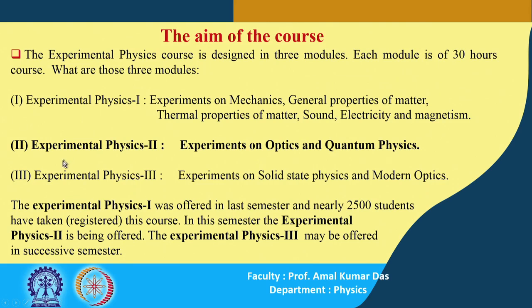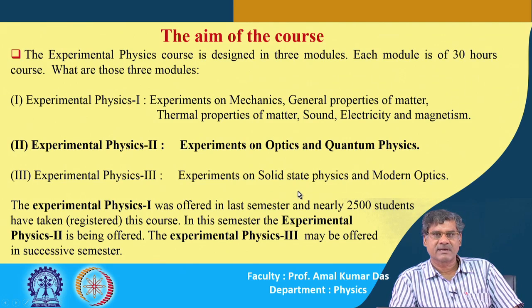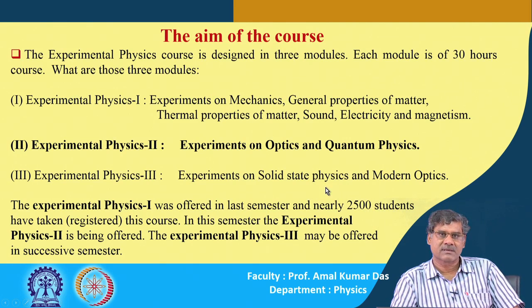In module 2, experimental physics 2, we will discuss experiments on optics and quantum physics, and in the third module, experimental physics 3, we will discuss experiments on solid state physics and modern optics.